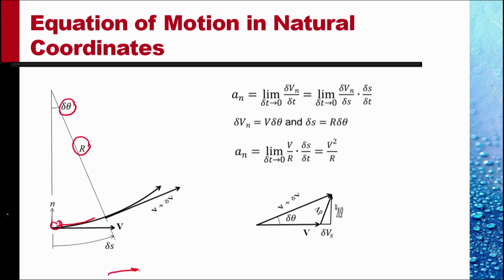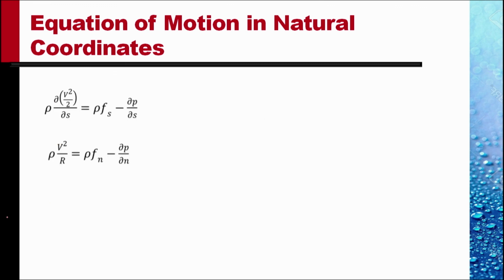This is the centripetal acceleration that we have done in your high school dynamics. So the acceleration in the normal direction is V square by r, the centripetal acceleration. Now, the two equations can be written like this.